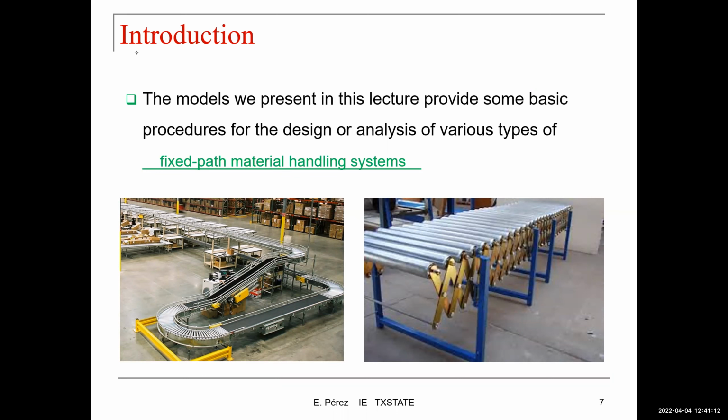For the conveyors, we have a fixed path, and these are mostly justified if you have a high volume of units that you need to move from point A to point B frequently. You see those, for example, in warehouses where you are putting together shipments, or you have a storage and then you have to put the shipments together for transportation. And these are the other type of conveyors, the rollers.